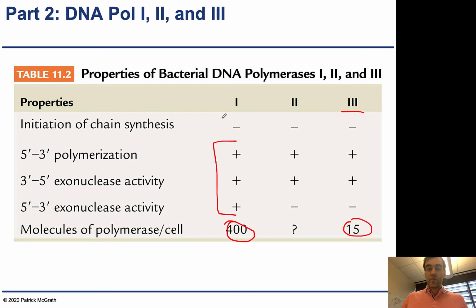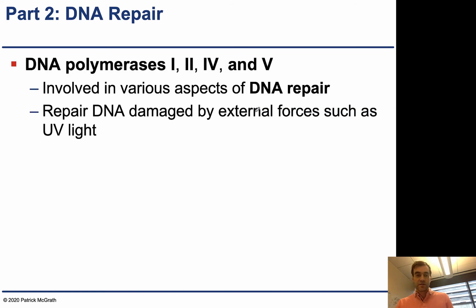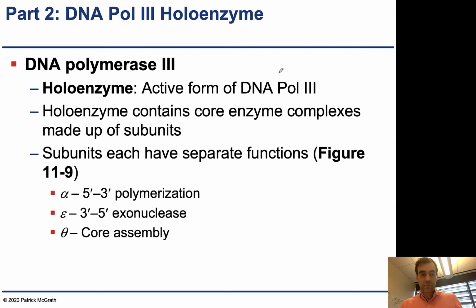These 2 polymerases are much more important for us. Some of these polymerases are induced by DNA damage or other external forces that force you to do something in order to save the day. The most important one is DNA polymerase III.